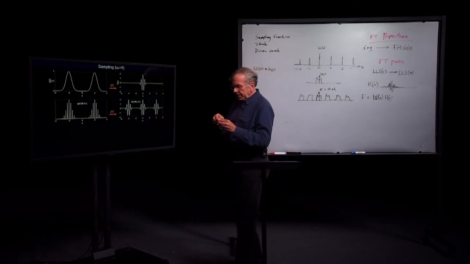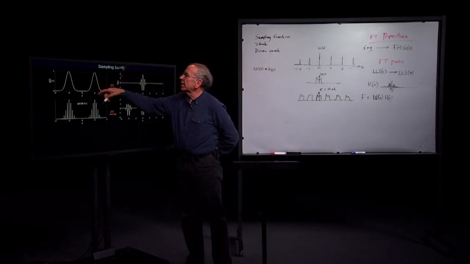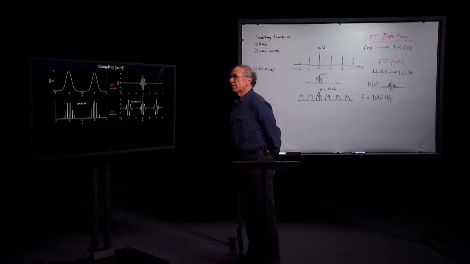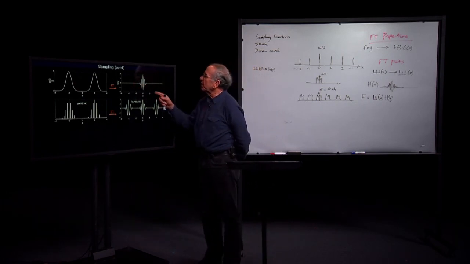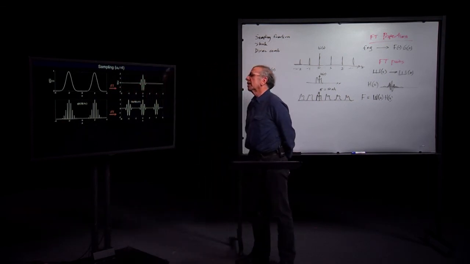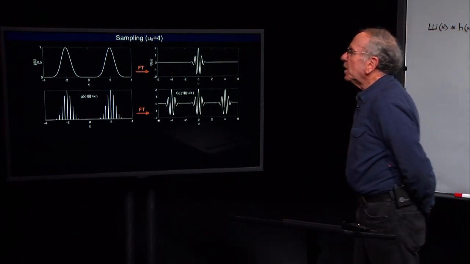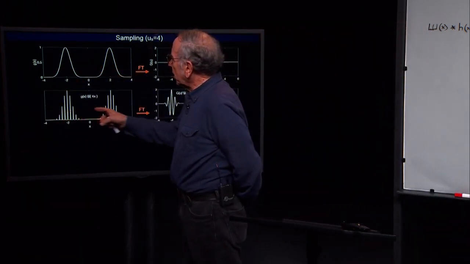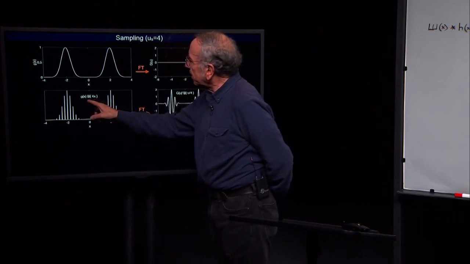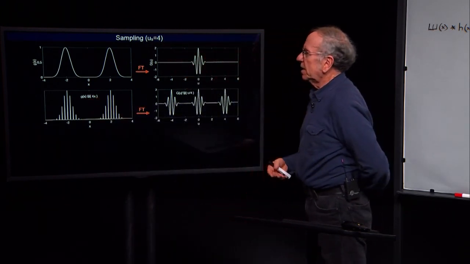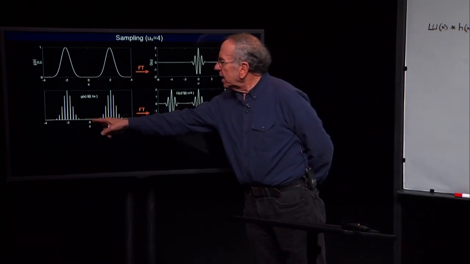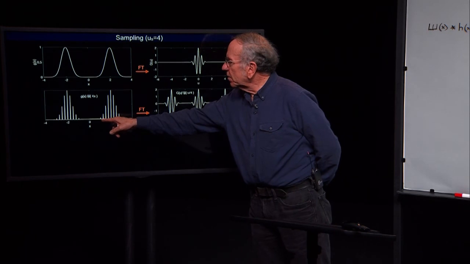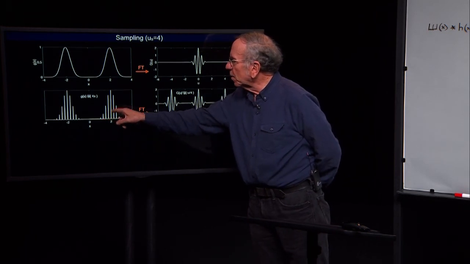Here is our original function g of x, and we know from our problem set that the Fourier transform of that is going to be this oscillating object. Now, if I multiply g of x by a Shah function, and in this case the argument is 4 times x, that means that in each unit interval on the x-axis I have 4 delta functions.